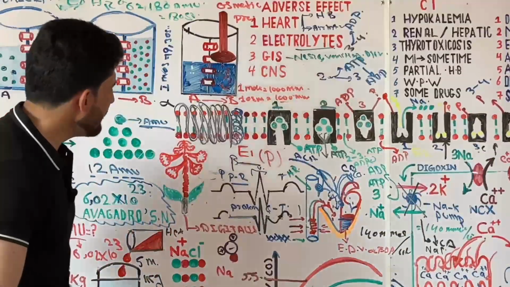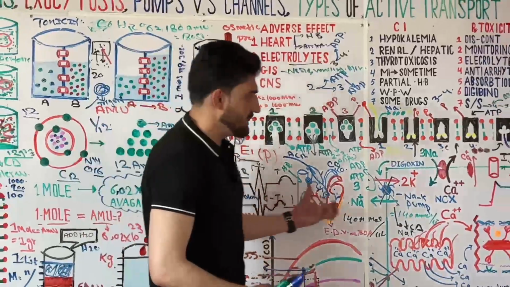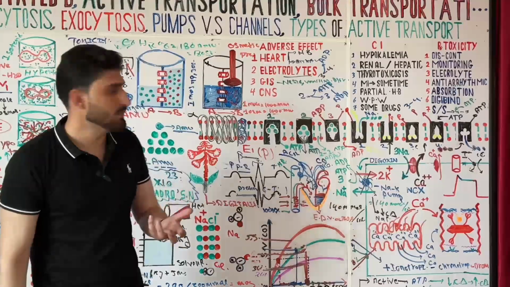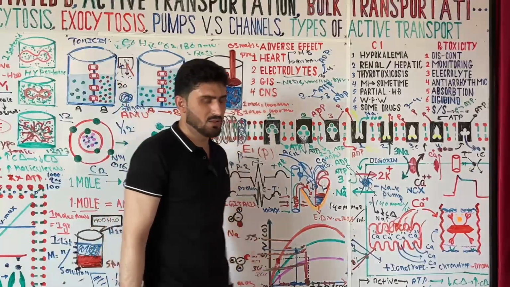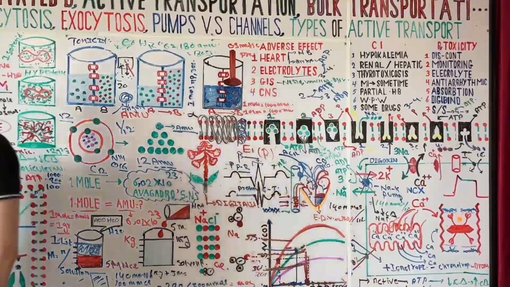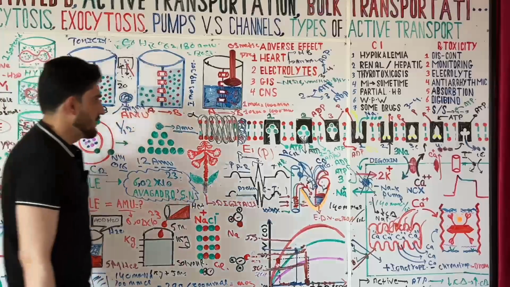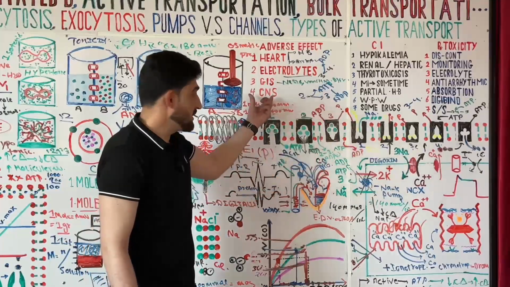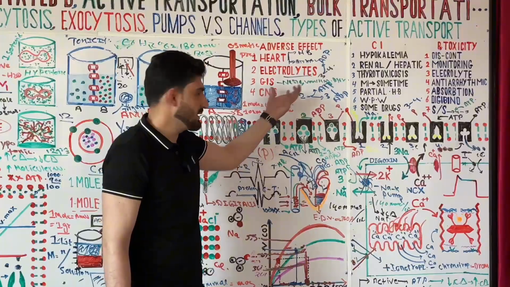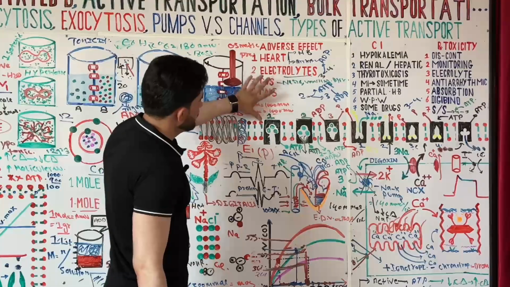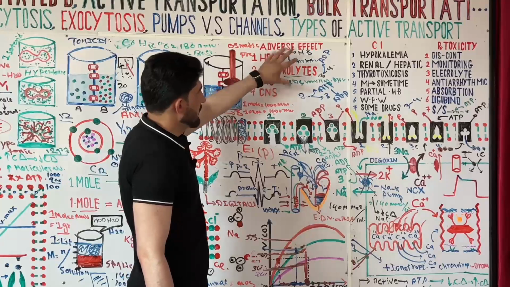Also, because it crosses the blood-brain barrier, it causes toxicity of the central nervous system. It causes delirium, dizziness, visual side effects, and other CNS side effects. So these were the side effects of digoxin.